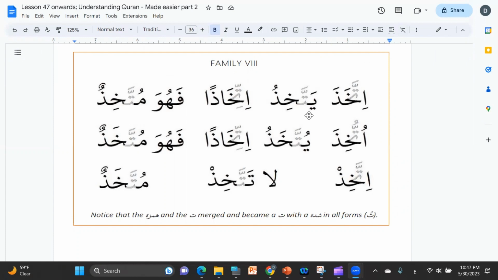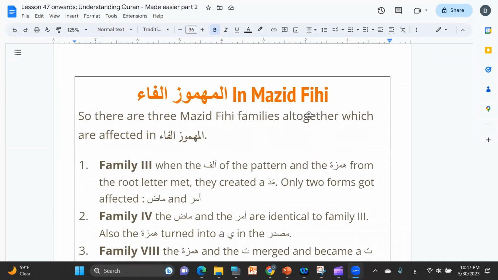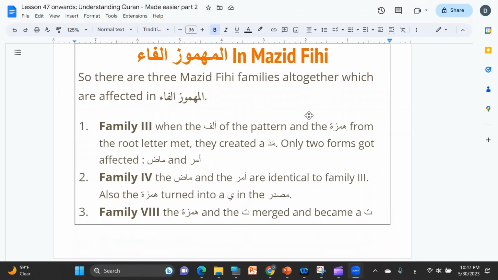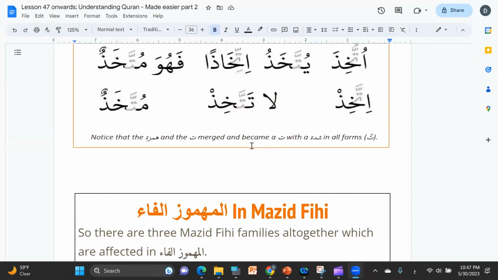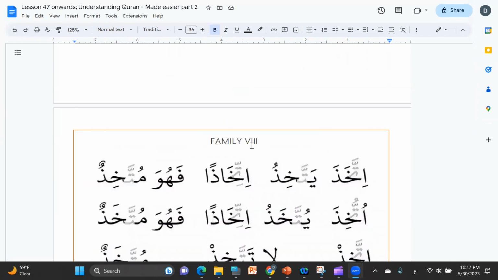So Mahmoozul Fa in Mazid Fihi: what we saw, there are 3 Mazid Fihi families. So far we learned all the changes, all the abnormalities in family 3, family 4, and family 8.